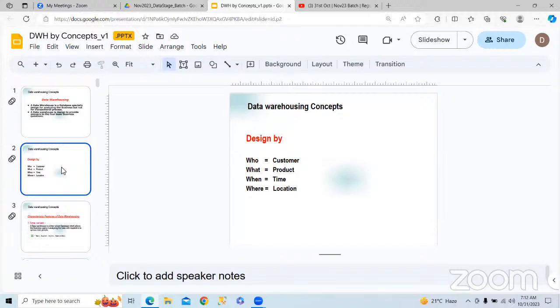Products are sold to the customers, so they need to track the business customer wise and service wise.